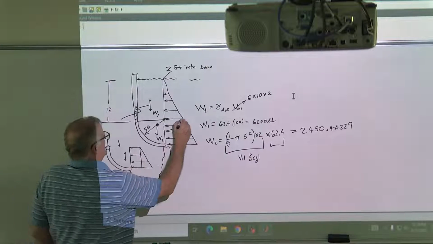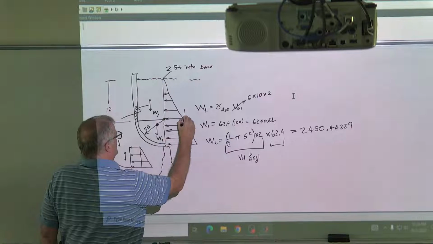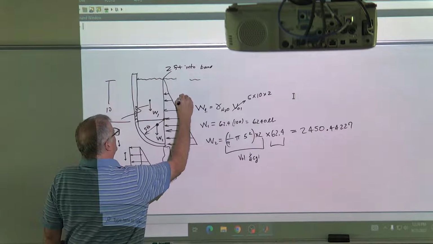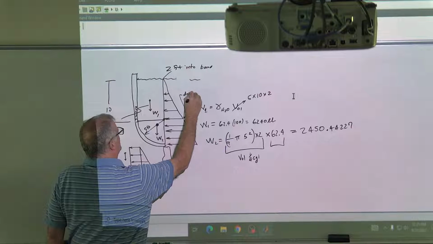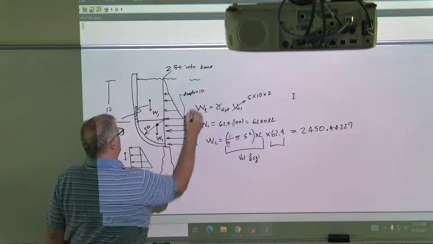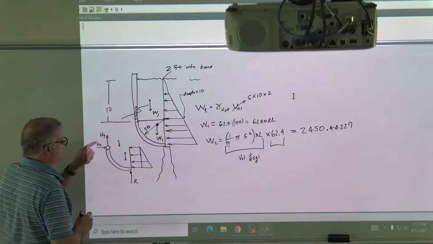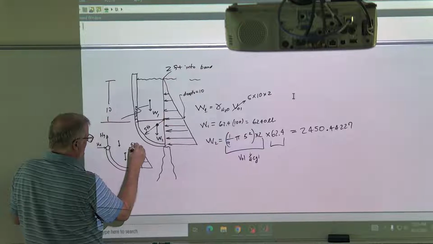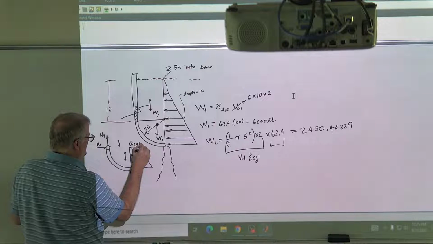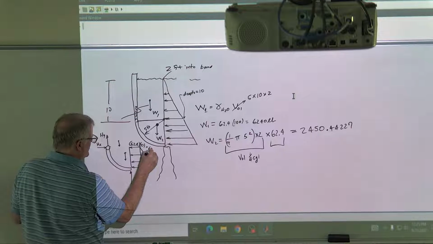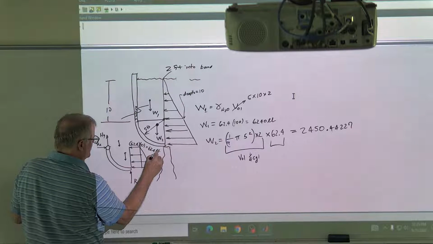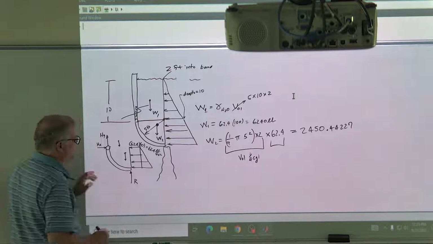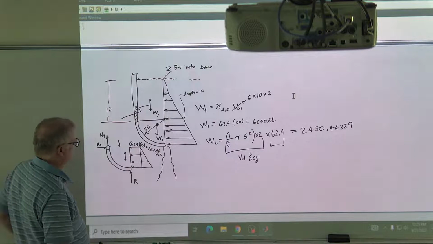So this depth, okay, so that depth right there is equal to 10 feet deep. So the pressure at the top of this is 62.4 times 10, or 624 pounds per square foot. That's what the pressure there at this is.